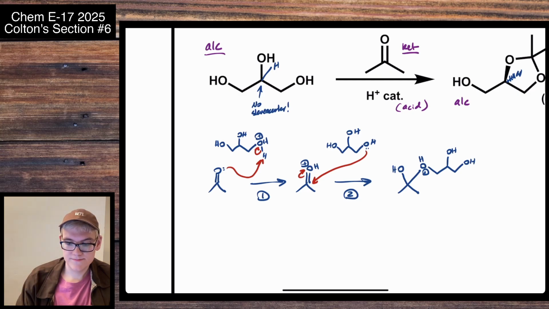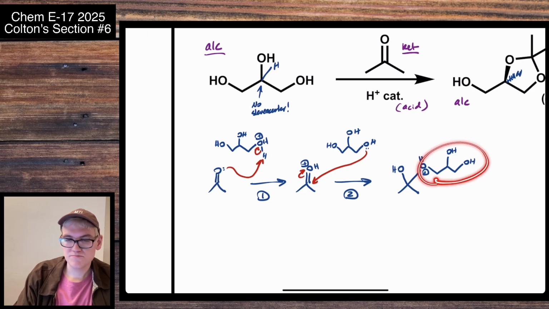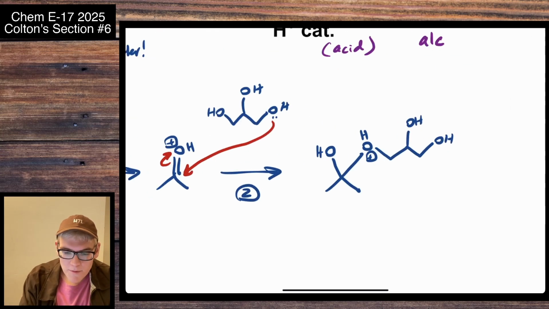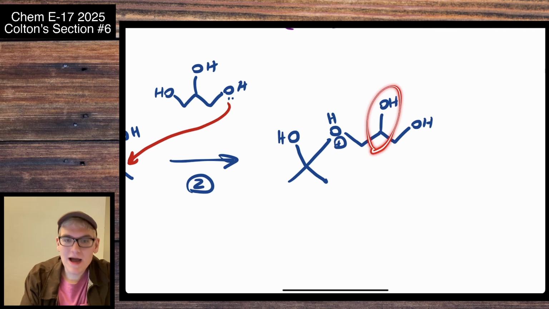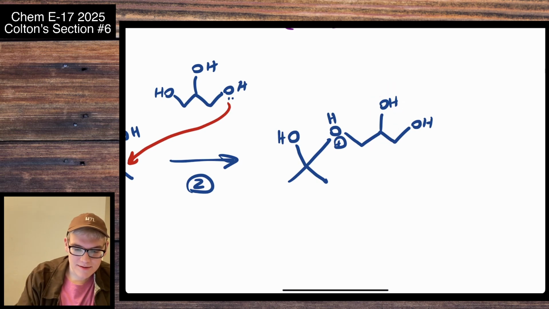Now pause. Do we have a stereocenter? So first, is this a stereocenter? It's attached to 2 methyls, so not 4 different things. Okay. Is one of these other ones a stereocenter now? The second to last. Yeah. But why? We didn't even react with this. Why is this now a stereocenter?